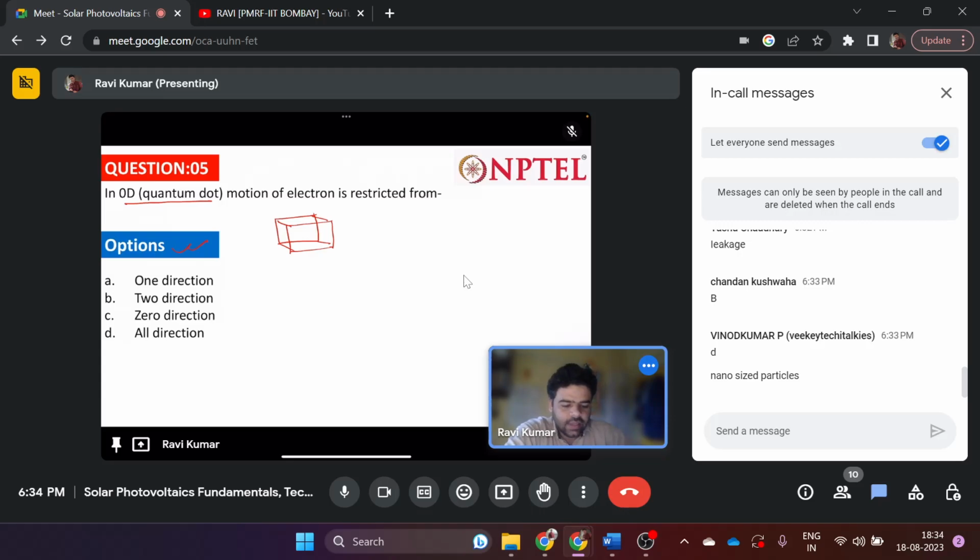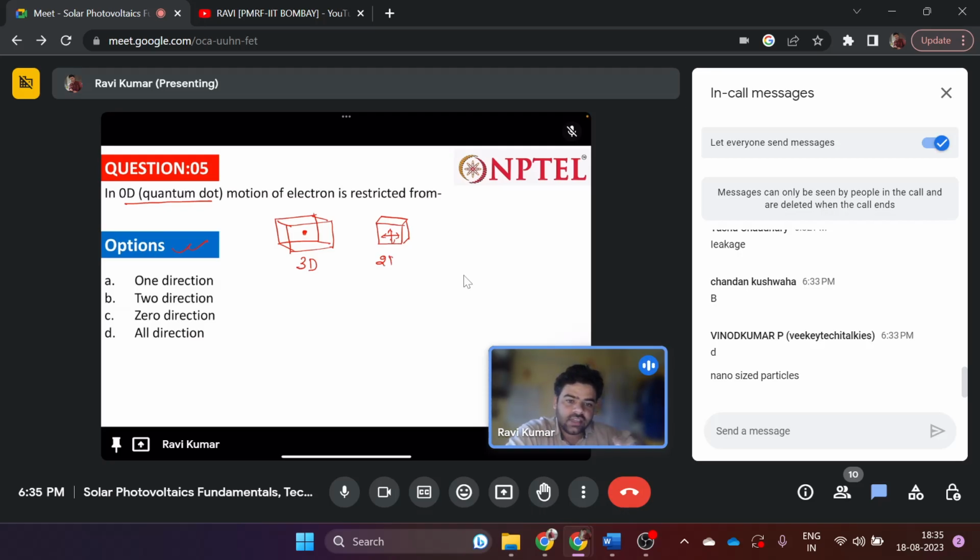Here an atom or an electron can move in any direction, so we said this is a 3D material. When we restrict this motion from one direction, it will move only this side, up and down. So this is said as two dimension.